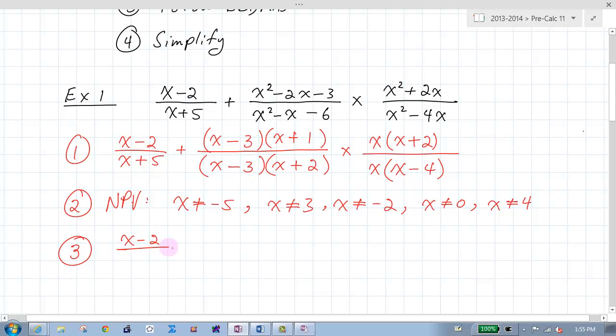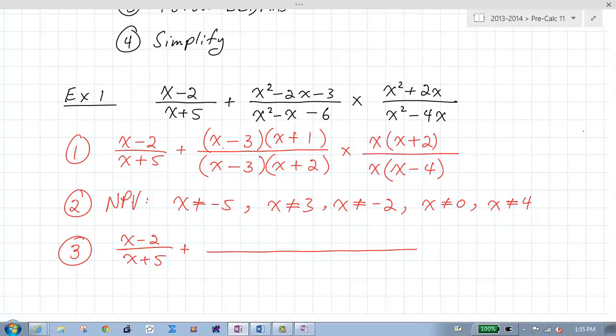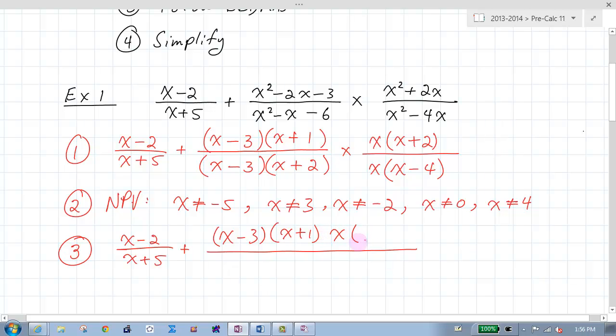So I'm going to go x minus 2 over x plus 5 plus, if we do this operation here, then I have the numerators multiplying to each other, x minus 3 times x plus 1 times x plus 2. And the denominators are going to be x minus 3 times x plus 2 times x minus 4.